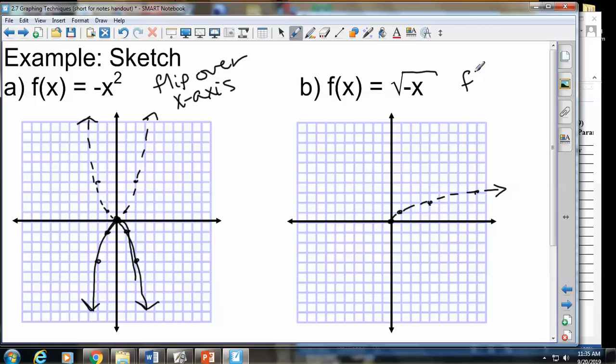It's making your x's negative, so it flips it over the y-axis. So just think on each of these points, if you make your x negative, 0, 0 doesn't move. This goes to -1, 1, -4, 2, -9, 3. So we get that.